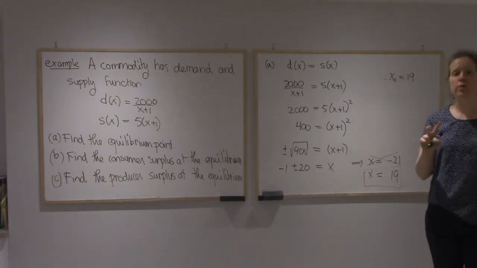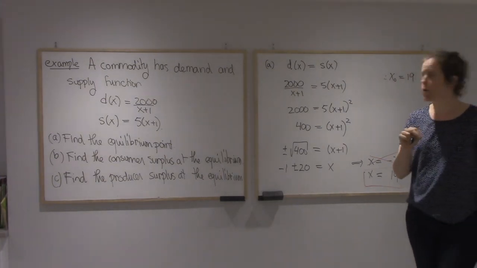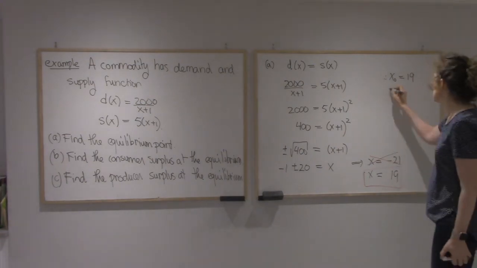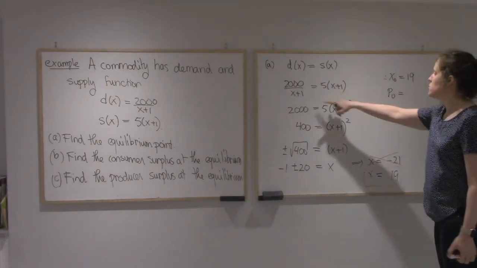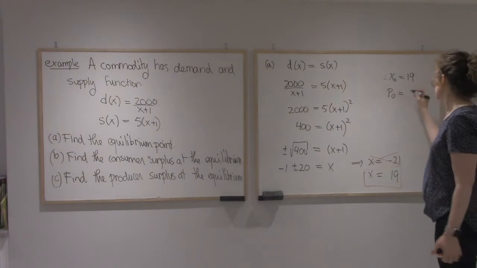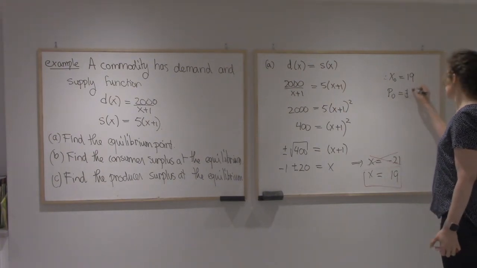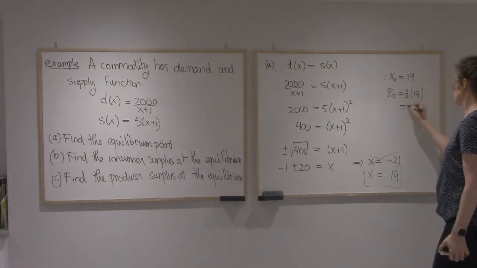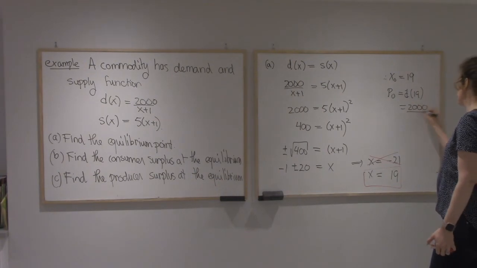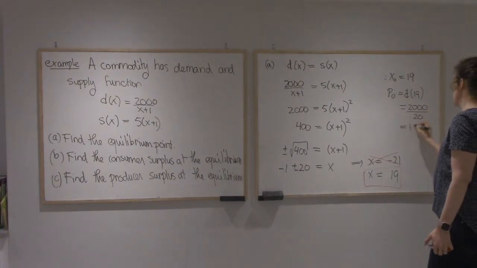And remember the equilibrium point has both coordinates, so I need to find the price as well. P0, I could use either, I guess they're both the same. So d of 19, that's 2000 divided by 20, that's 100.